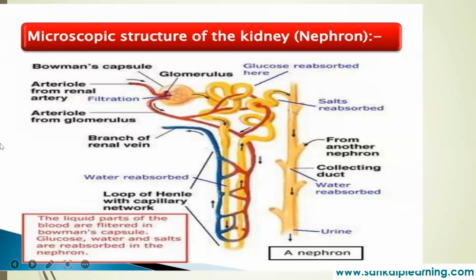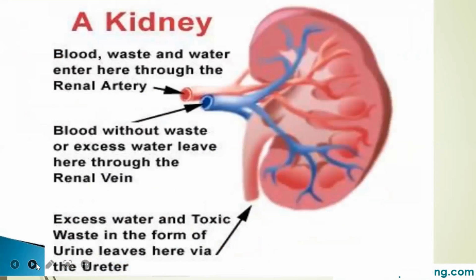So let us see how urine formation takes place. In the kidney, blood, waste and water enter here through the renal artery, the afferent arteriole. Blood without waste or excess water leaves here through the renal vein.